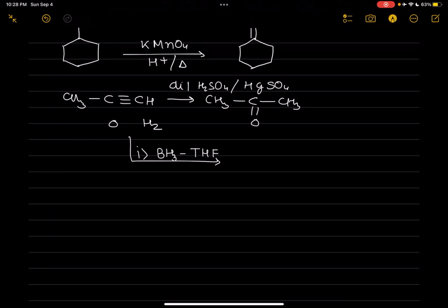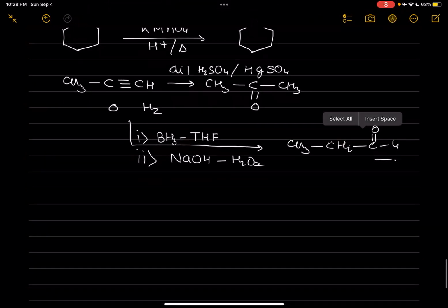So that is by hydroboration and oxidation. For oxidation, you take NaOH and H2O2. But don't just say peroxide. Is it clear? So I'm going to add it in the opposite way, putting H2 inside to give CH2CHO. Okay, clear?